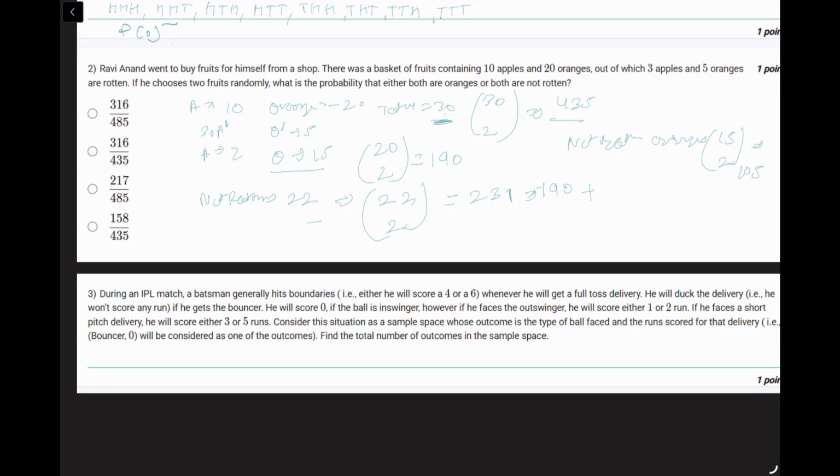Choosing both fruits as oranges, that number is given. Choosing both not rotten is given, 231. And you are going to subtract when the chosen fruit turns out to be an orange and it's not rotten, 105. So you get 316 over 435 to get the probability.